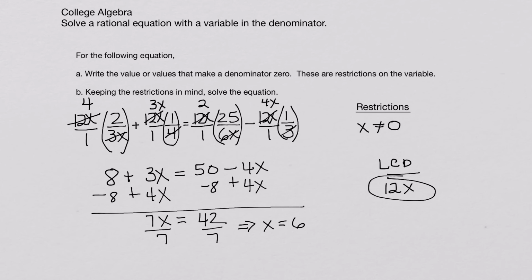Now, don't forget at this point I have to look, was 6 one of my restrictions? It was not. That's my only solution. That's my final answer.